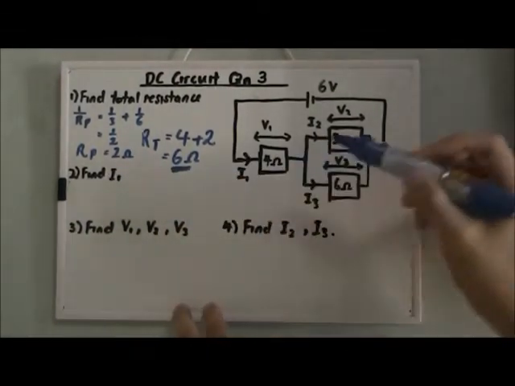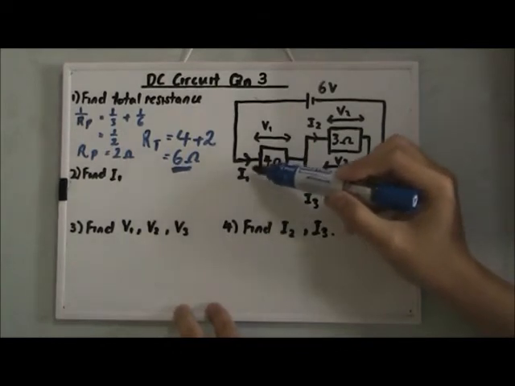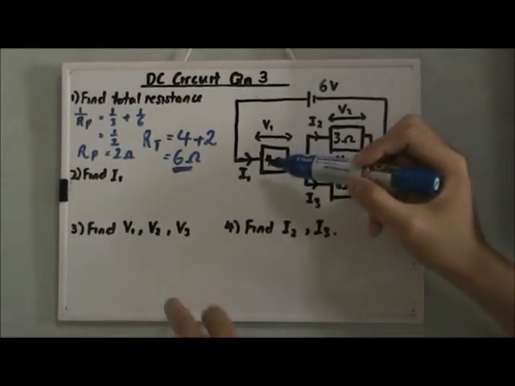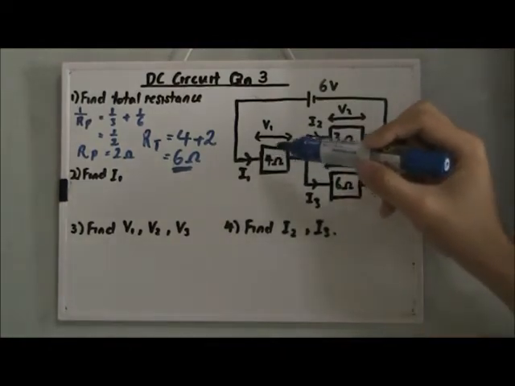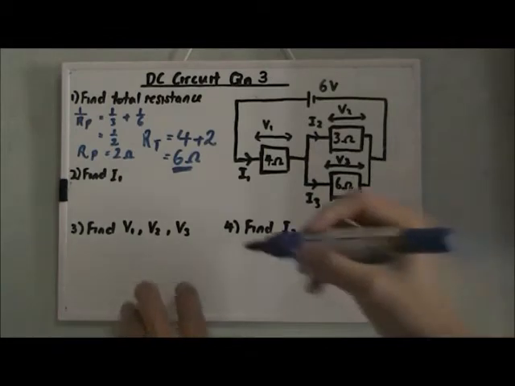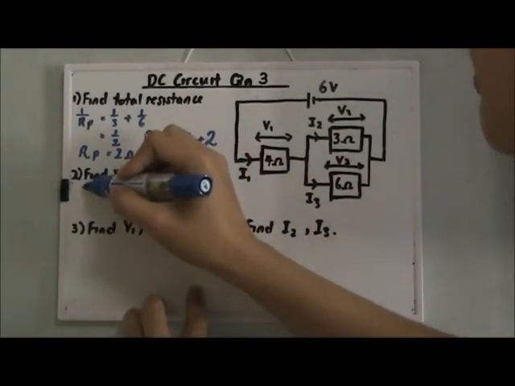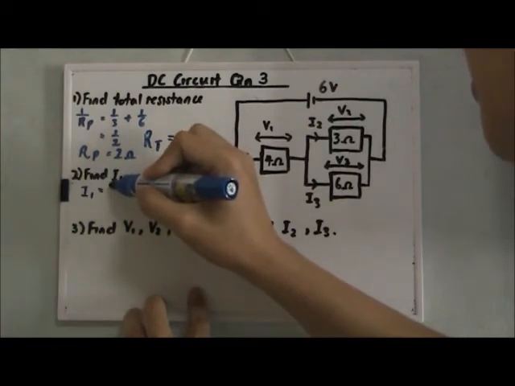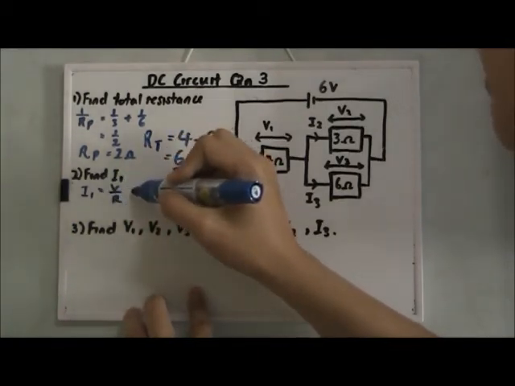Find I1. I1 is the current going into the 4 ohm resistor. You can see that I1 is the current that flows in the main branch. So in this case, we can say that I1 is equal to the total voltage over the total resistance.